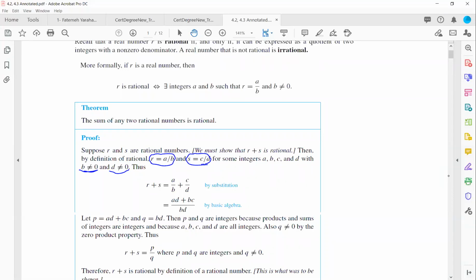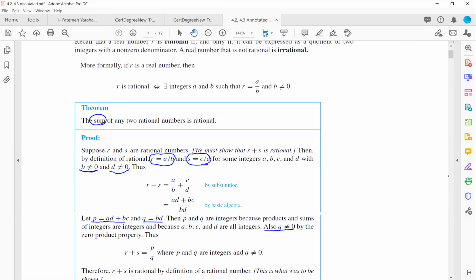So since our goal is to add them together, let us add these two fractions. Take the common denominator, BD, and in the numerator, you have an integer. Let P be your numerator, and let Q be the denominator. Of course, Q is never 0 because B and D are non-zero integers.